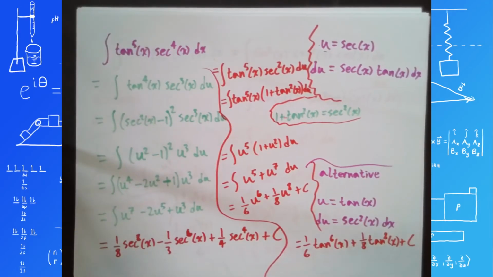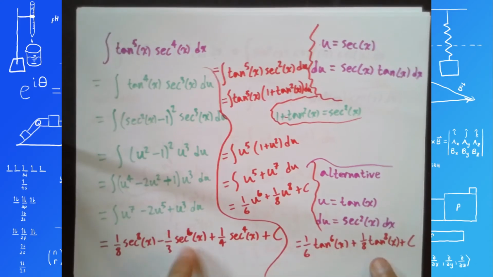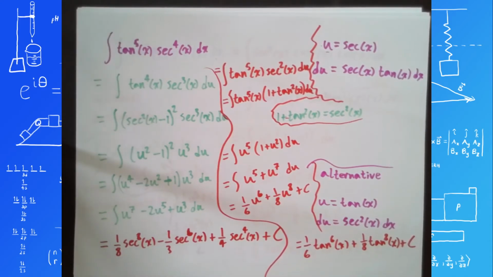And although they don't look exactly the same, if we did some extra math here, we could prove that they actually are the same, unless of course I made some sort of mistake along the way. But assuming no mistakes were made, these expressions are equivalent.